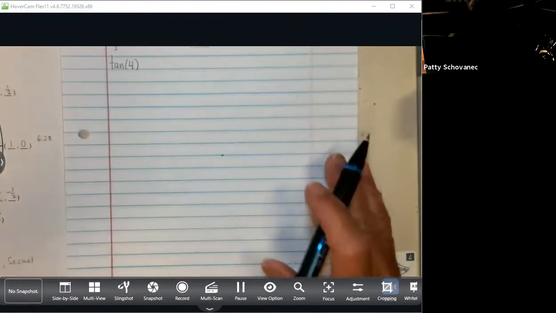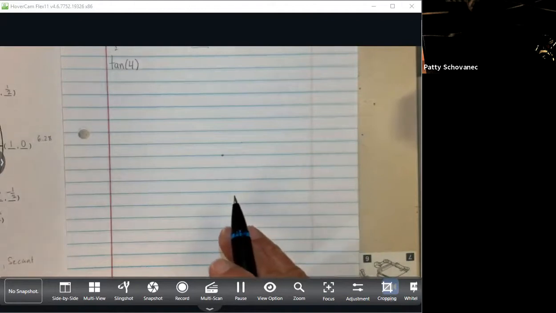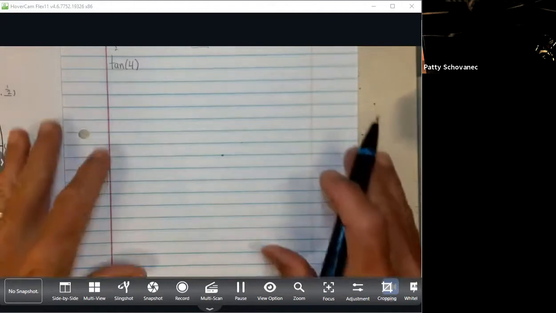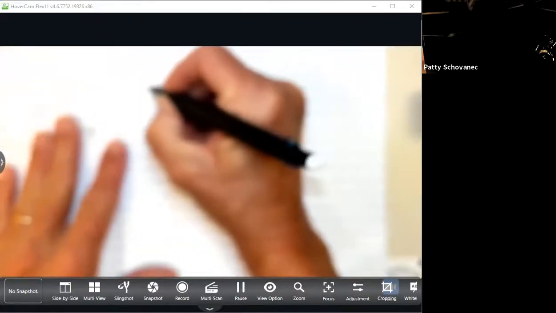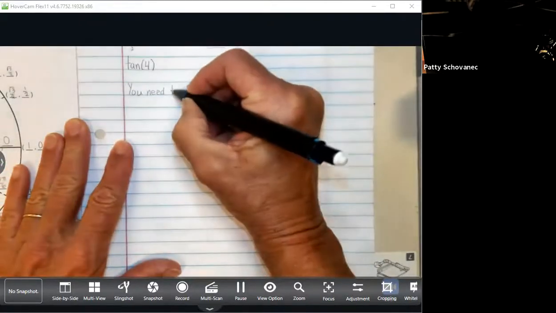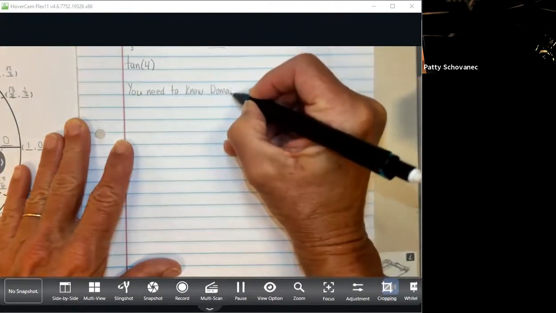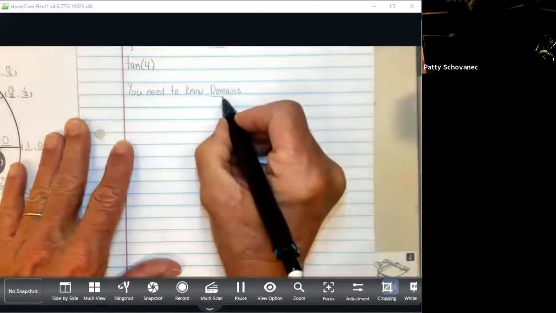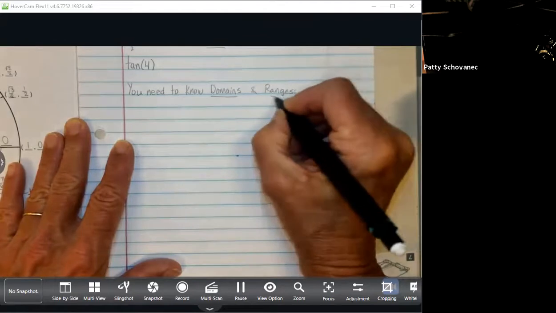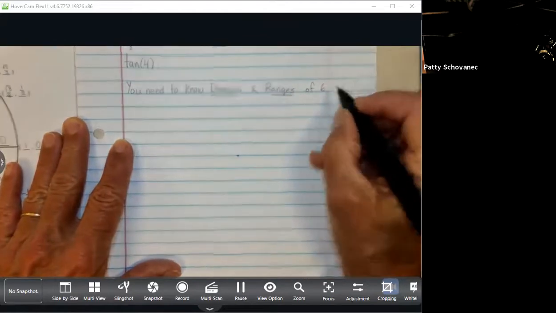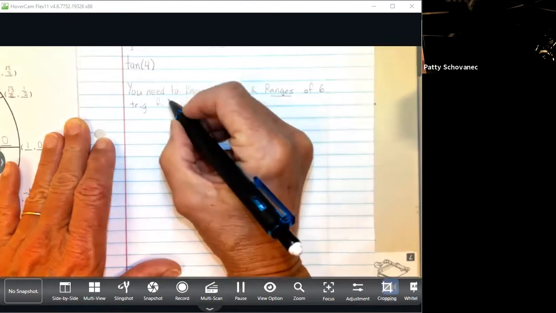Okay, so this deals with the 6 trig functions, or at least the ones that are quotients. So you need to know the domains, what x's make sense, and the ranges of the 6 trig functions. In particular, the ones that have the vertical asymptotes.